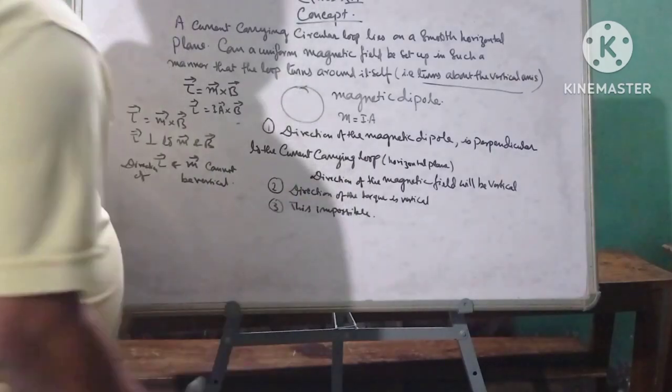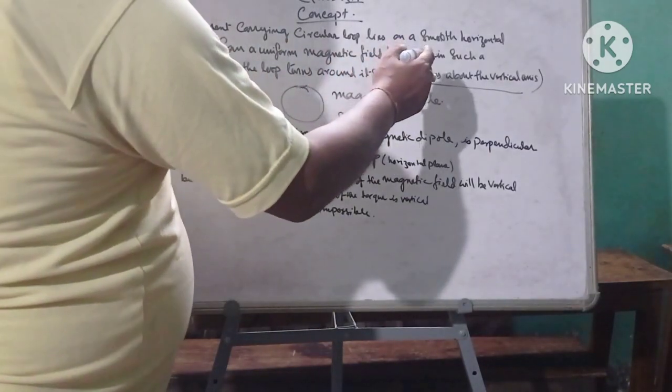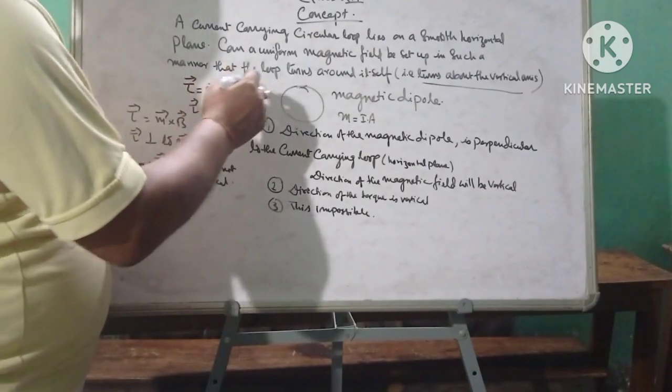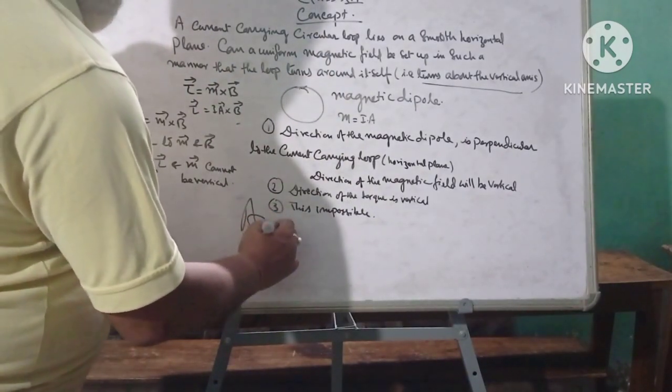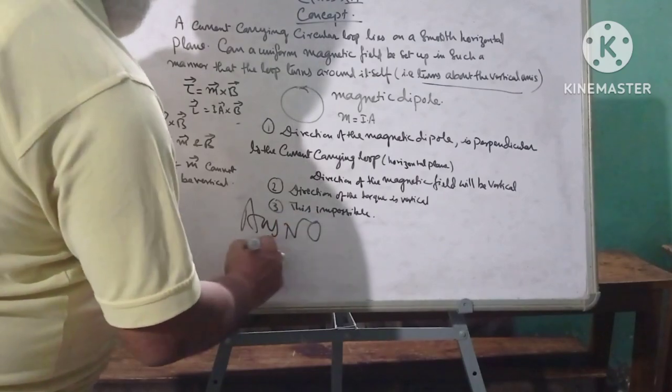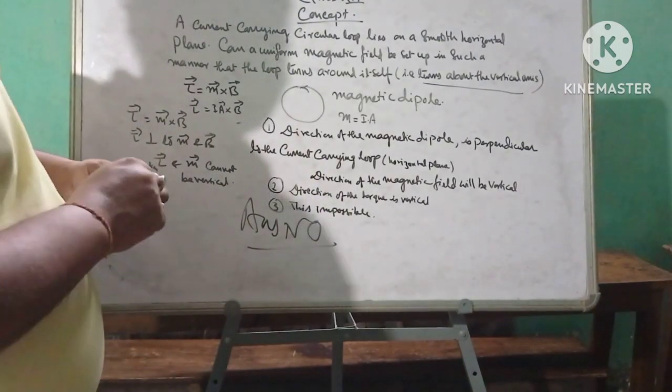So your answer to whether a uniform magnetic field can be set up in such a manner that the loop turns around itself is no. This is a good conceptual question.